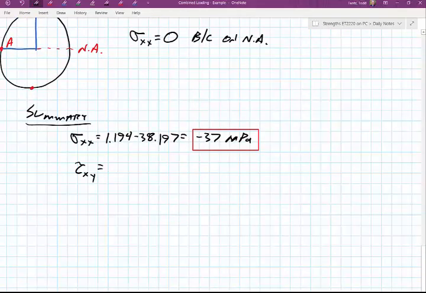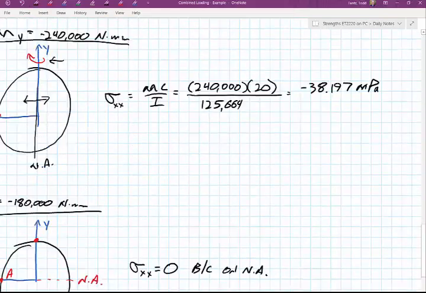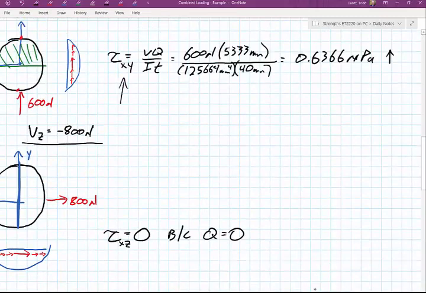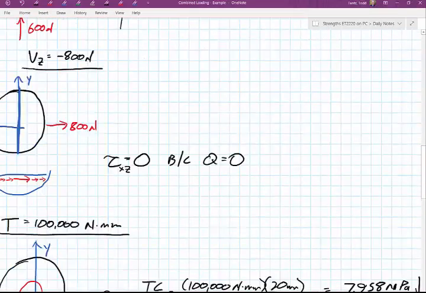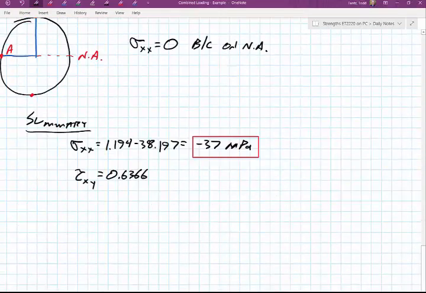Now if I go through, the only other variable that I have is tau xy. I do have two of those. Like I said, they are in opposite directions. I have the point 6366 megapascals, and that was positive because it's going in that positive direction, minus this 7.958.